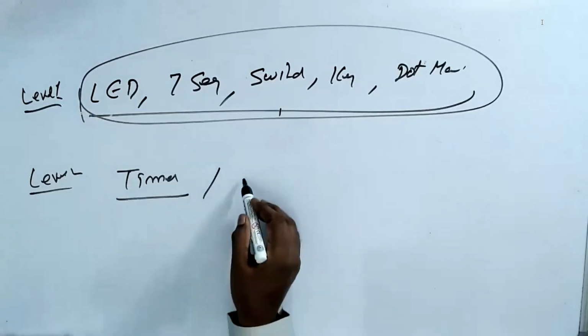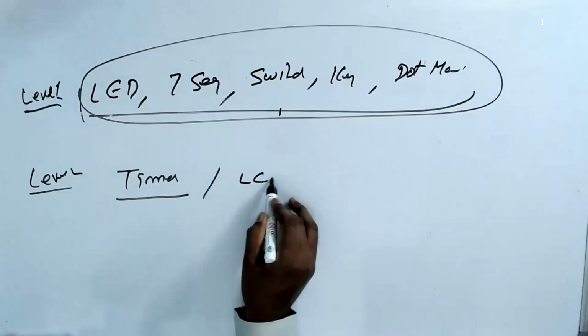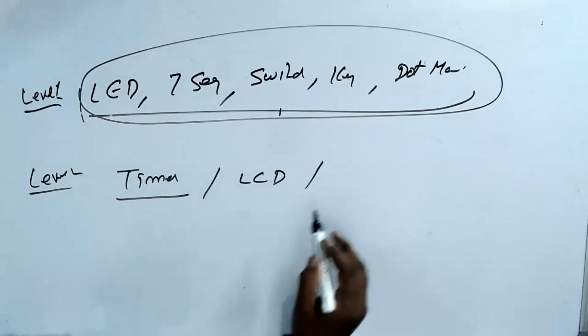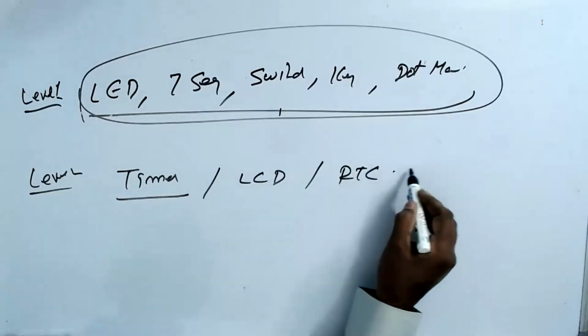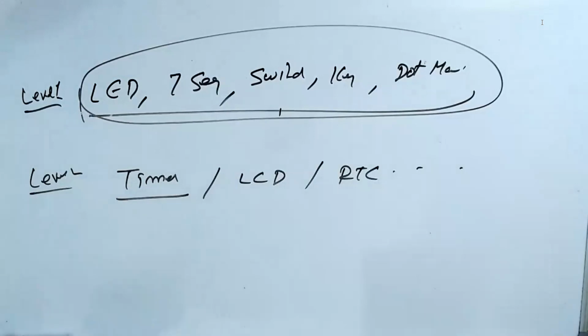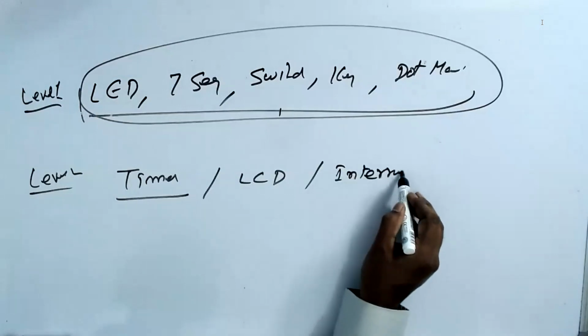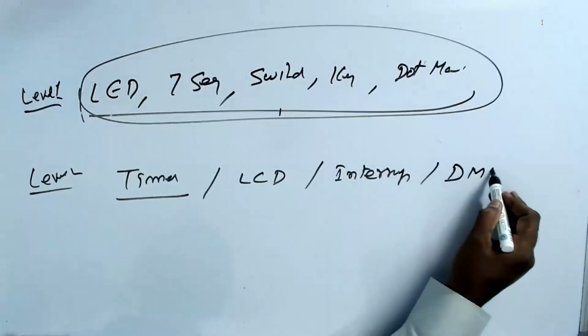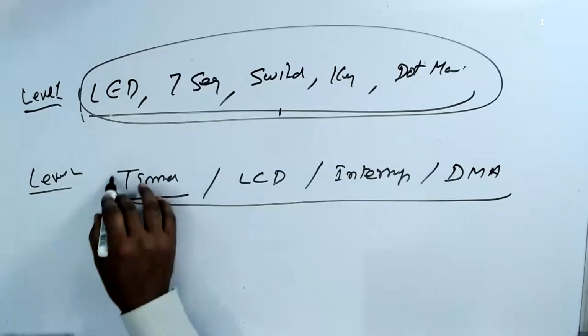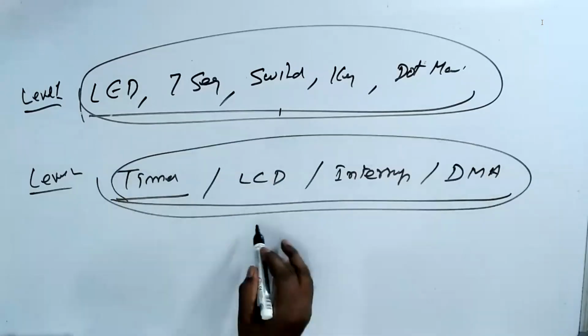Then LCD, RTC, so many controllers we will cover. There we also discuss interrupt, DMA. All this has to be understood by you. This is called controllers.